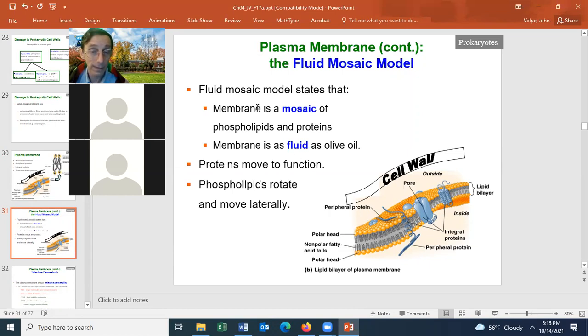How fluid it is? It's about as fluid as olive oil. And if you don't know, if you put olive oil in the refrigerator, it will largely become solid. But at room temperature, olive oil is a fluid. It's sort of viscous. It's thicker than water.